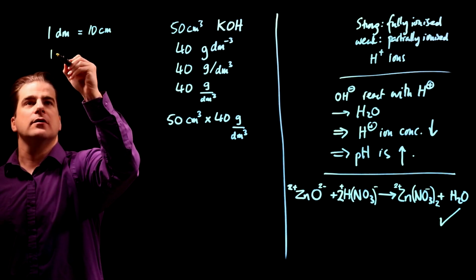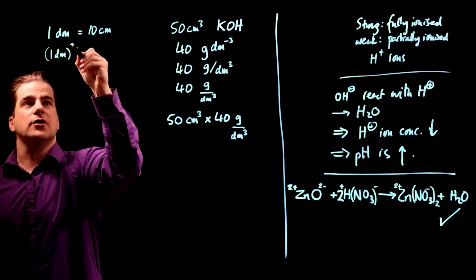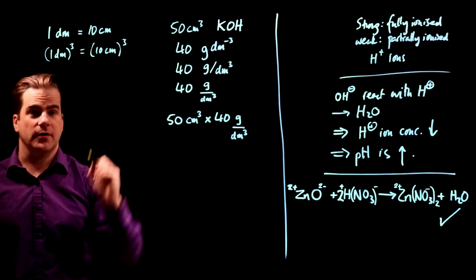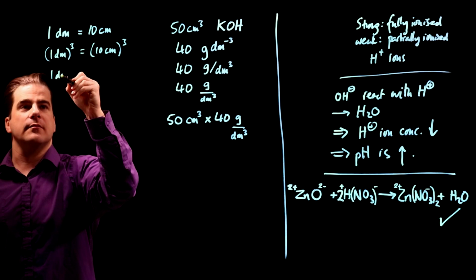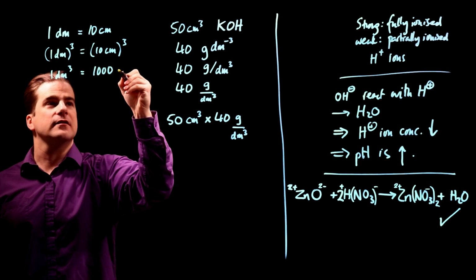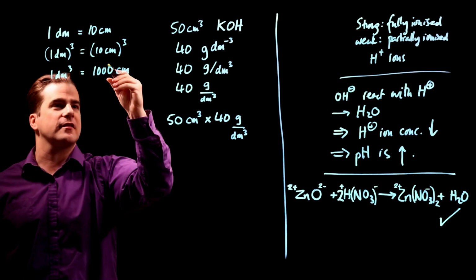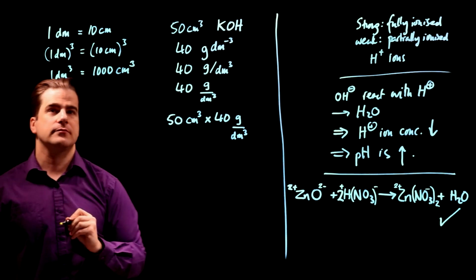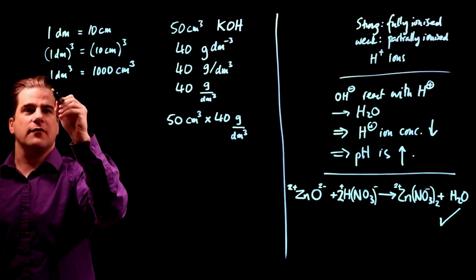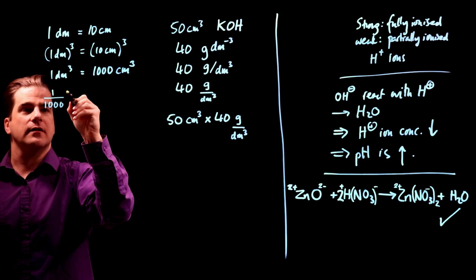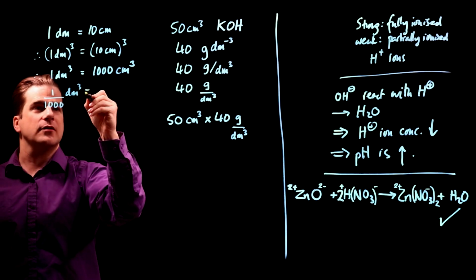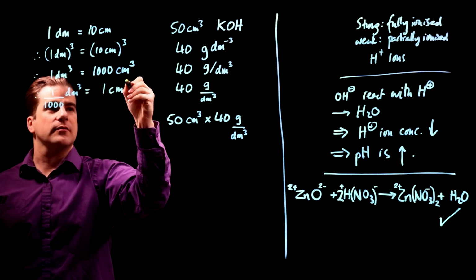Therefore, 1 decimeter cubed is 10 centimeters cubed, which is 10 centimeters all cubed, 1,000 centimeters cubed. Okay, divide both sides by 1,000 and therefore we get 1 over 1,000 dm cubed is equal to 1 cm cubed.